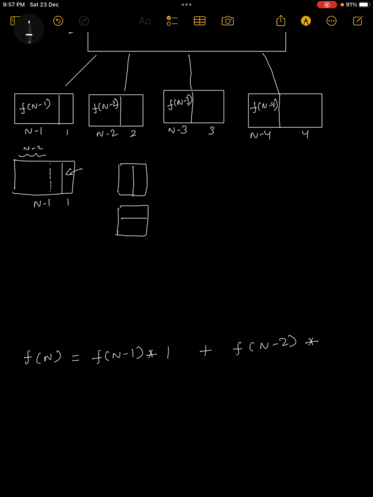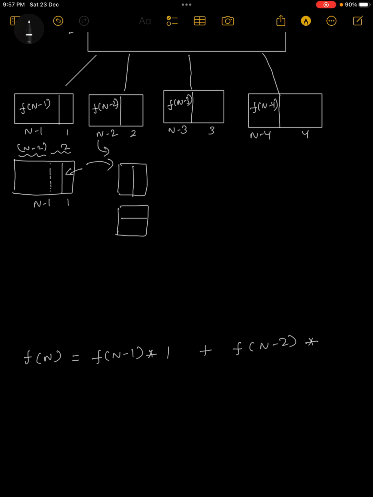So this is n minus 2 and this 2 is nothing but this thing, right? Because f of n minus 2 we have already calculated, and we are adding two vertical dominoes to it, so that will result in duplicacy.